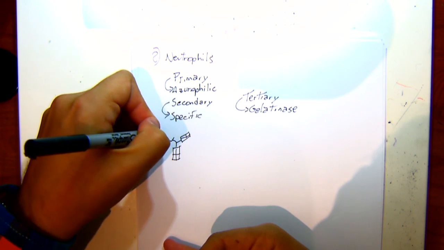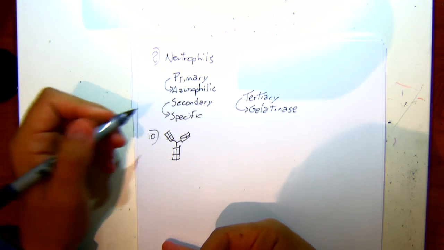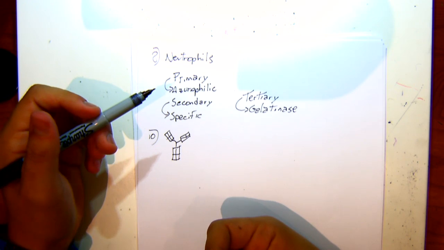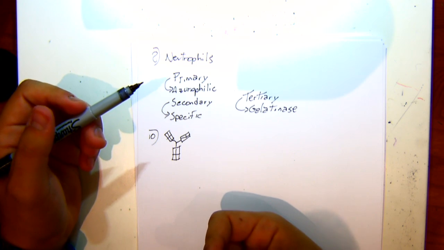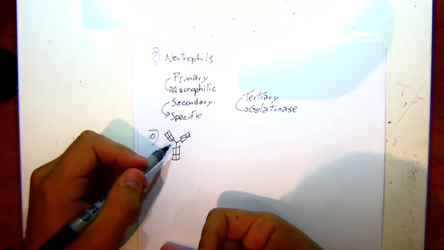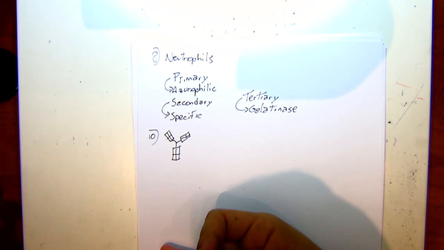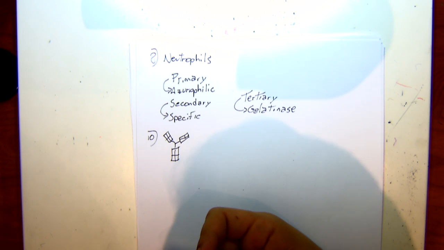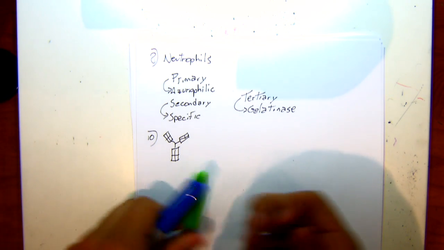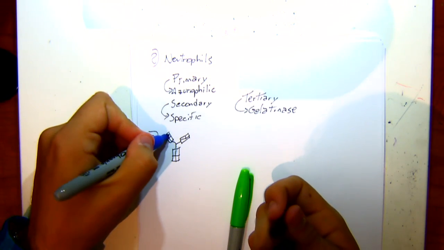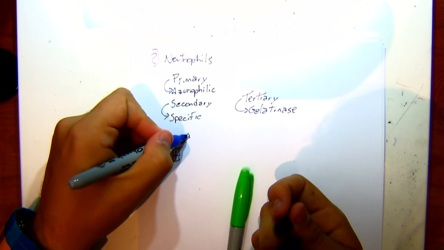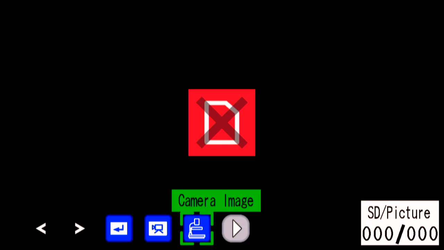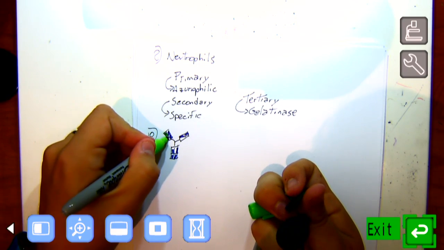This could be any BCR or any secreted antibody that is secreted as a monomer, right? You have your heavy chain, and you also have your light chain, right?